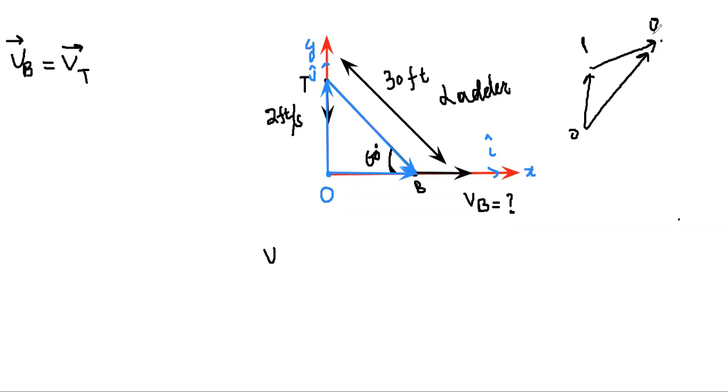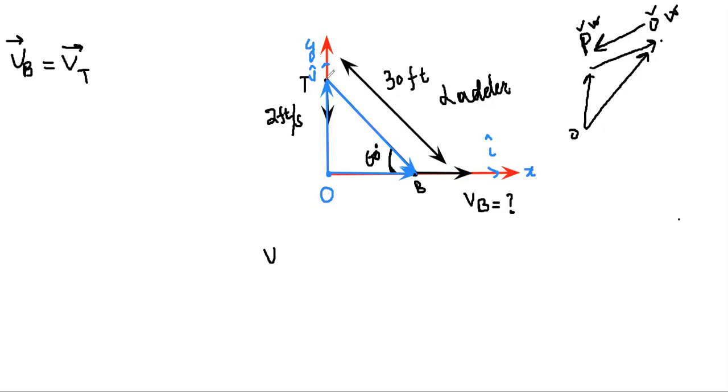If you are given the velocity of point P and you have to find the velocity of point Q, then you draw the radius vector from P to Q. If you are given the velocity of point Q and you have to find the velocity of point P, then you draw the radius vector from Q to P. Or otherwise, if you maintain the same direction of your radius vector, you will still get your answer. It doesn't matter.